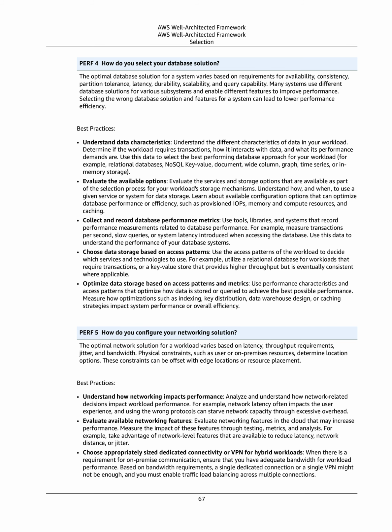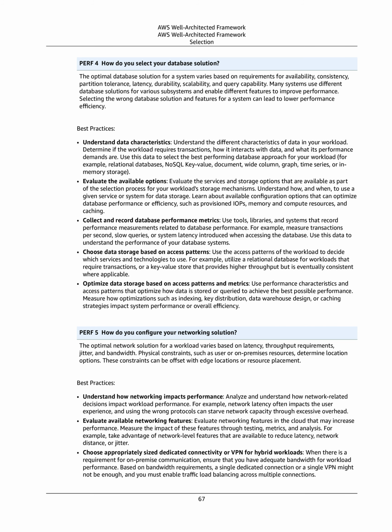Collect and record database performance metrics. Use tools, libraries, and systems that record performance measurements related to database performance. For example, measure transactions per second, slow queries, or system latency introduced when accessing the database. Use this data to understand the performance of your database systems.